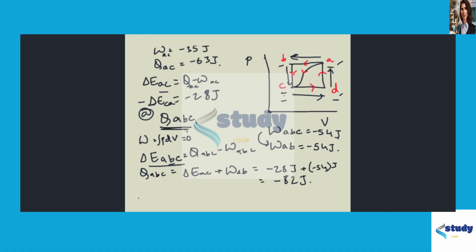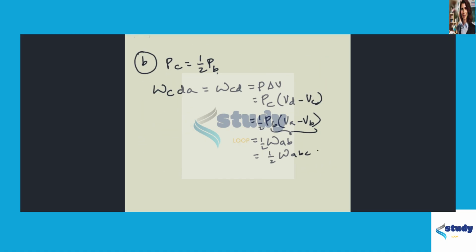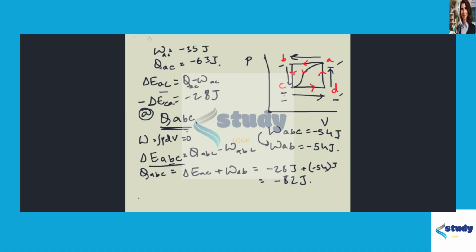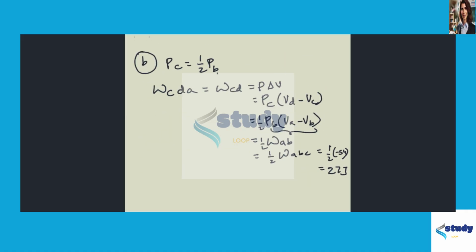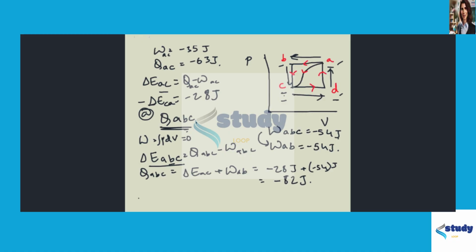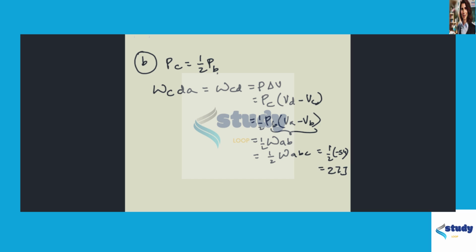We saw that W_ABC was equal to W_AB, and that was equal to minus 54 joules, so that's 27 joules. But there is one caveat though. V_A minus V_B would be the work done during BA, so there should be a minus sign here, and the minus signs cancel out, giving us 27 joules.